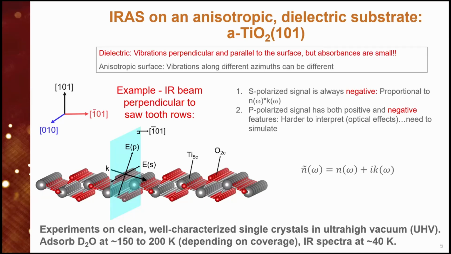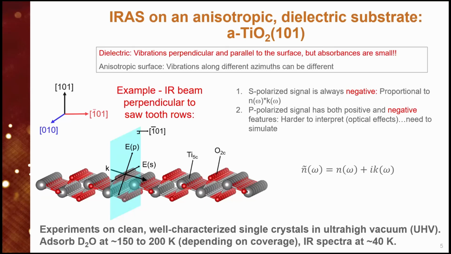And you see both of those, and they come up with opposite signs in some approximations, right? And so you can have both positive and negative features, and it turns out that positive features correspond to vibrations that are in the plane of the surface, and negative features correspond to vibrations that are normal to the surface.